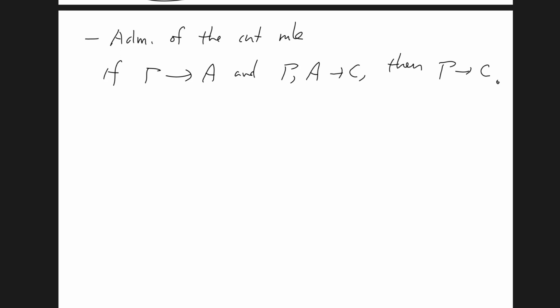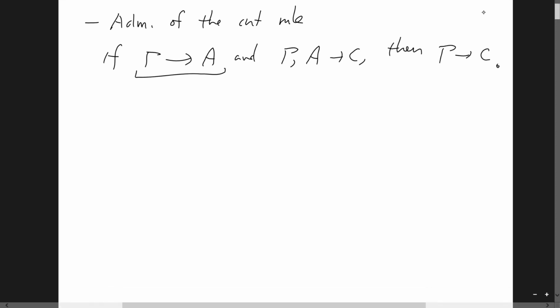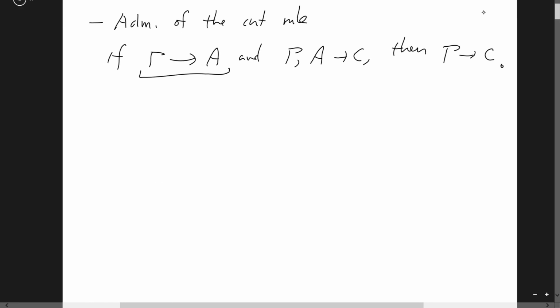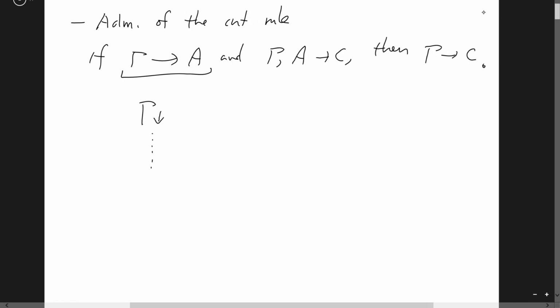According to our definition of this sequent, the first sequent can be interpreted as: we have gamma down arrow, and then we can prove A up arrow, according to the definition of this notation sequent.